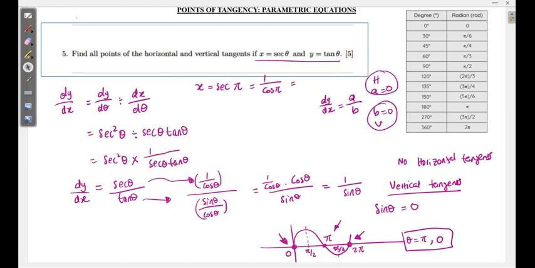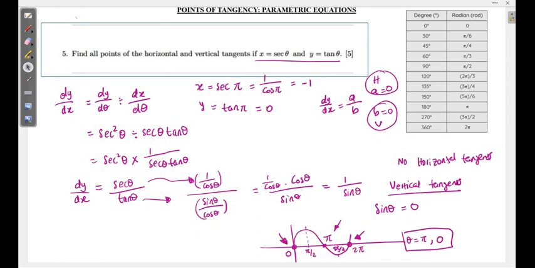If we say 1 over cos pi, remember to put your calculator in radians, we get -1. And then in terms of y, we're going to have tan pi. The answer will be 0. So that is the first point.